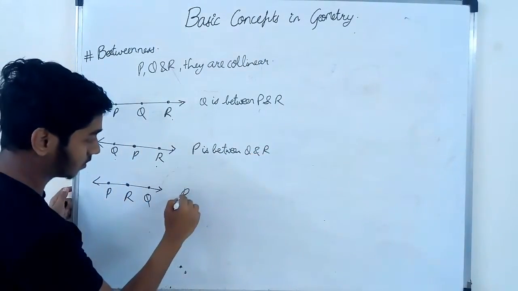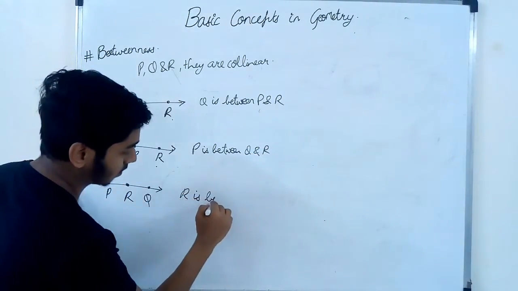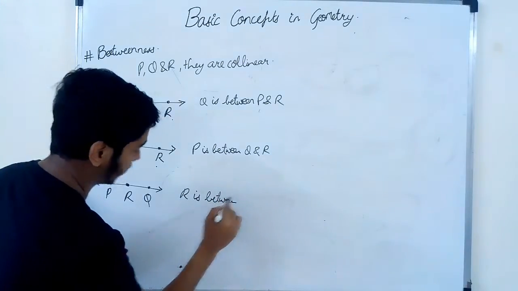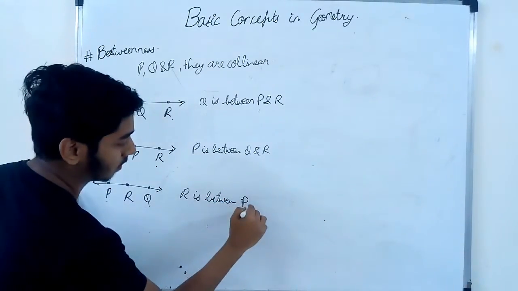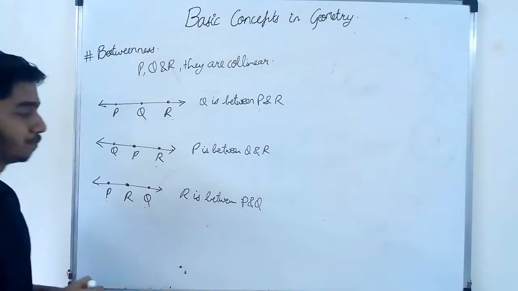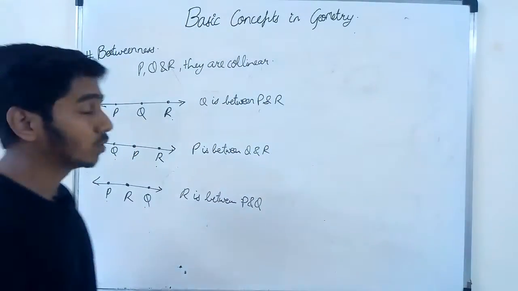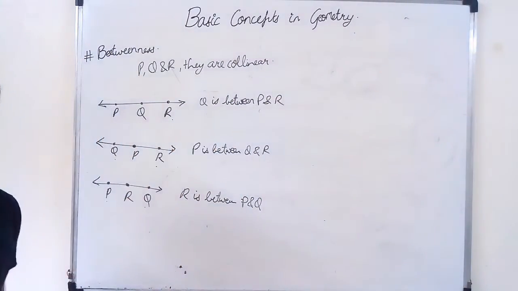And here in this, R is between P and Q. So these are the possibilities which we can see.